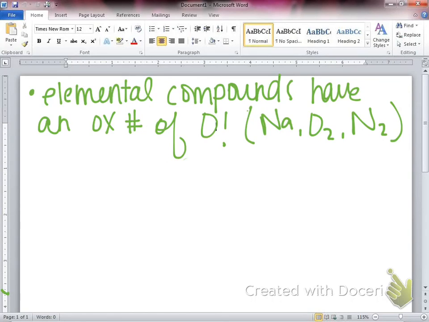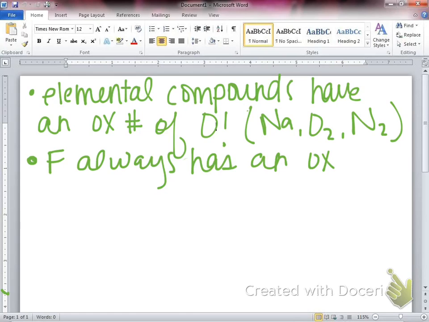Now we've got certain elements that always take on a particular oxidation number. They get to keep their charge as their oxidation number. And that depends on their electronegativity, how badly they want to take electrons from other atoms. So fluorine always has an oxidation number of -1.